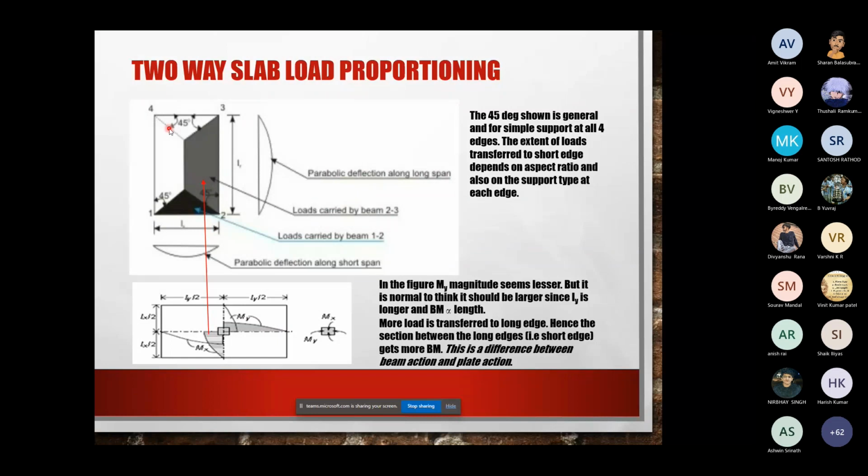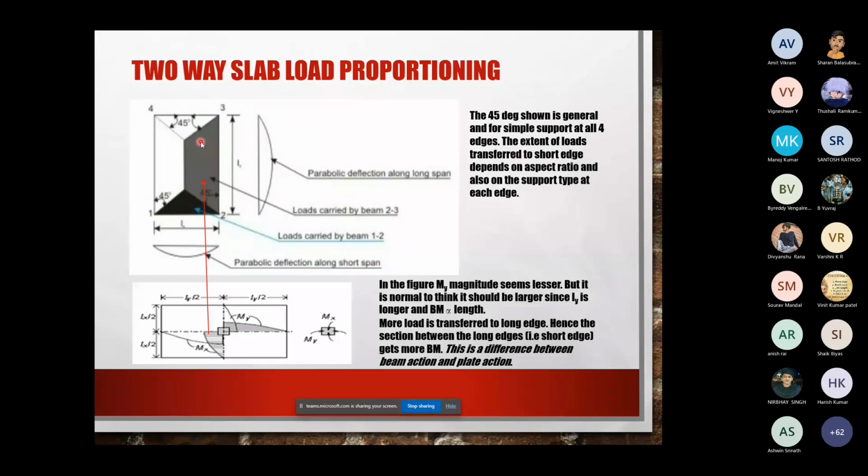So let me say that I have a slab. It's supported on all four sides by four beams. So there's beam 1, 2, 3, and 4. So four beams are there, and there's a gravity load, some dead load and live load, something kilonewton per meter square, on top of the slab.